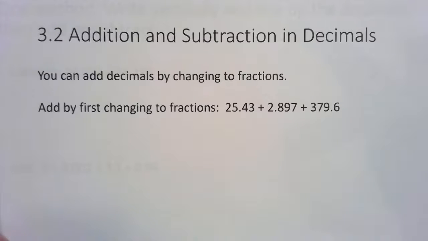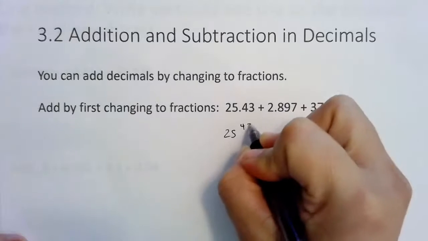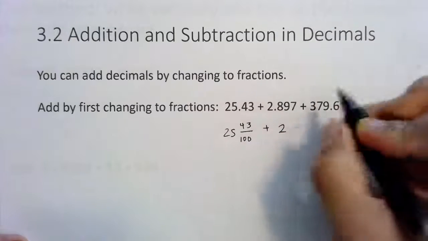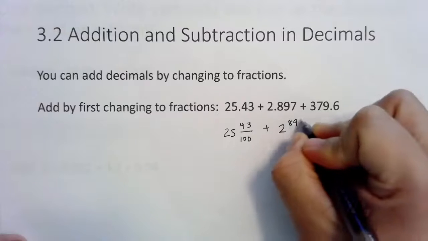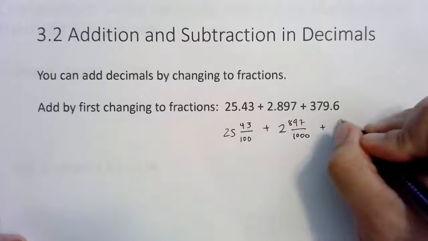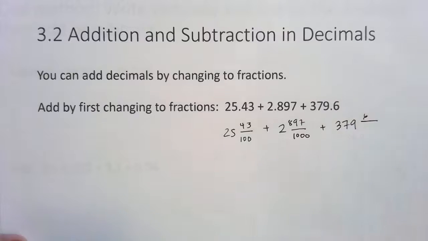So one thing we can do to add decimals is change to fractions, right? If we change to fractions, this would be 25 and 43 over 100 plus 2 and 897 thousandths plus 379 and 6/10.